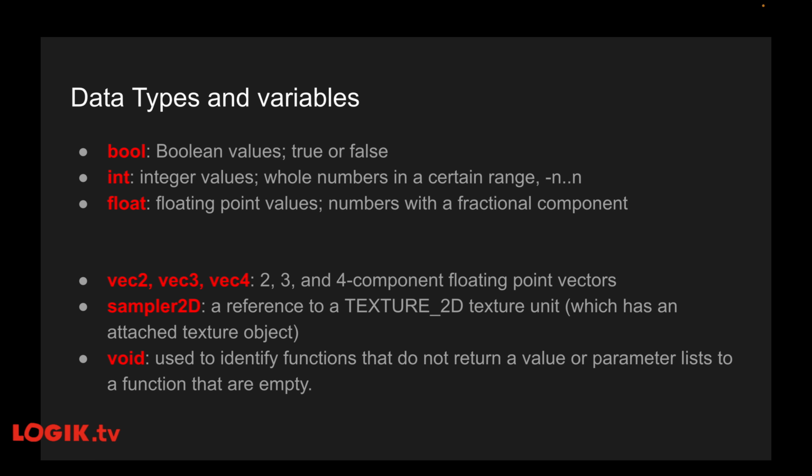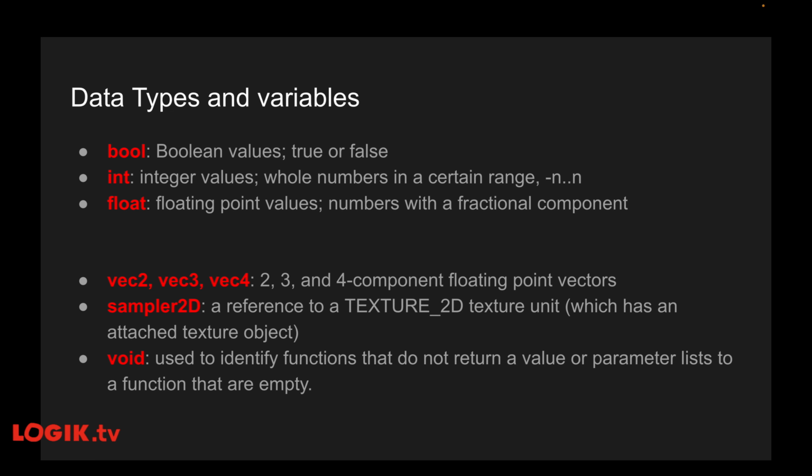And some of those are the different data types and variable types that we can declare in our shader script. I'll just quickly go through the most common variable types that you're going to find in Matchbox scripts. Starting with Boolean values, which means that it is a true or false statement. Then we have integer values, and those are whole numbers.